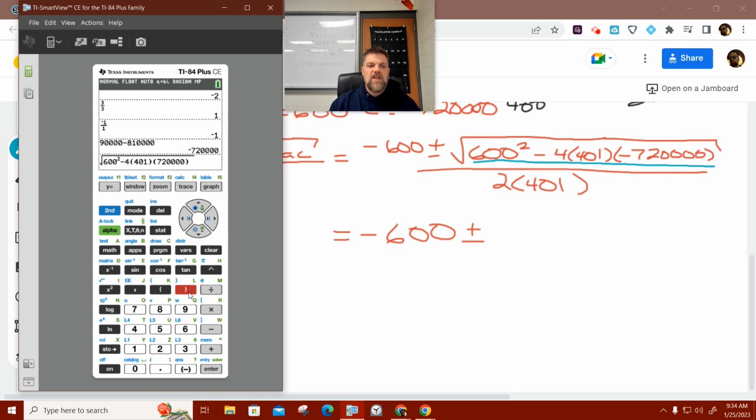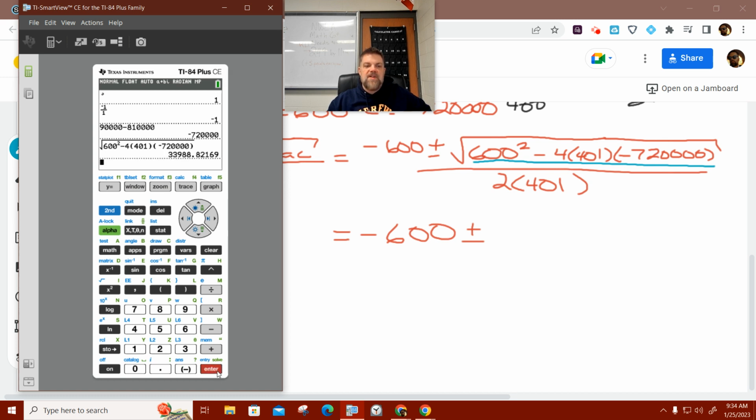Oh, you know what I forgot though? The negative. It has to be a negative. If you plug all this in and you get an error message that says syntax error, that means you put a minus sign when you should have put a negative, or vice versa. So this has to be subtracting 4, but this is a negative 720,000. So when I hit enter, whoa, that's a big number, isn't it?